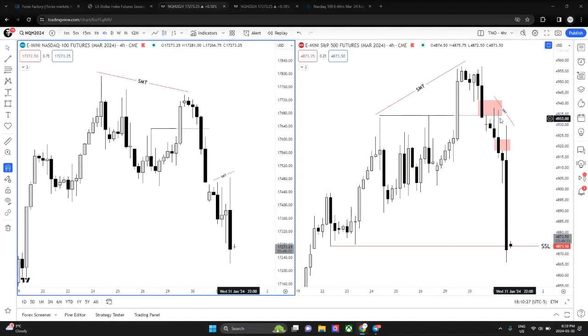So whenever you have an asset class, the one that fails to take out the high, whenever there's SMT, that will move more, right? You have a larger price swing or a larger pump or dump or whatever you guys call it, right?